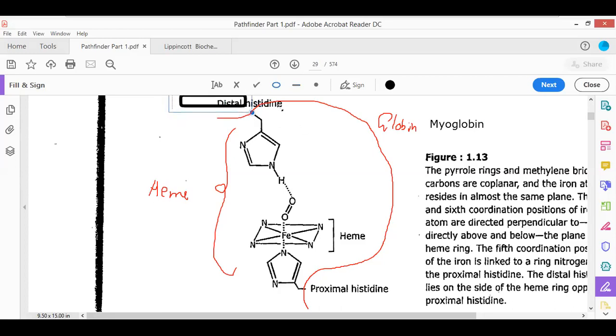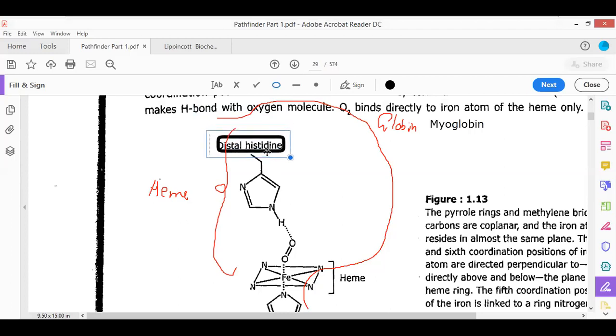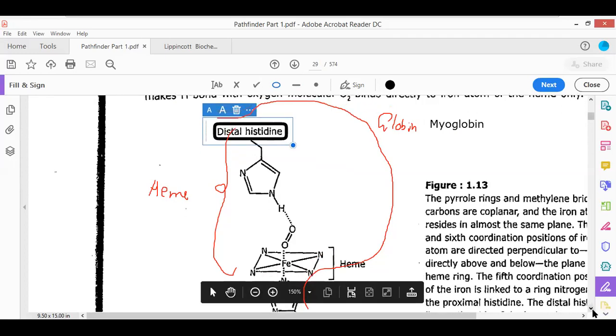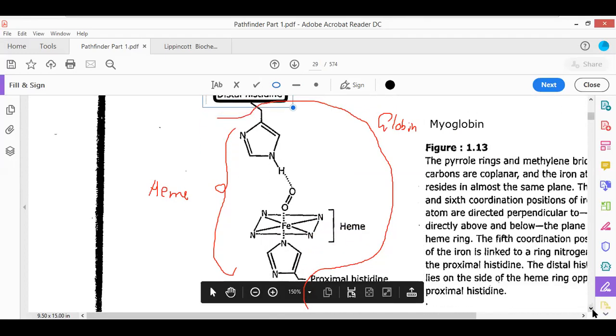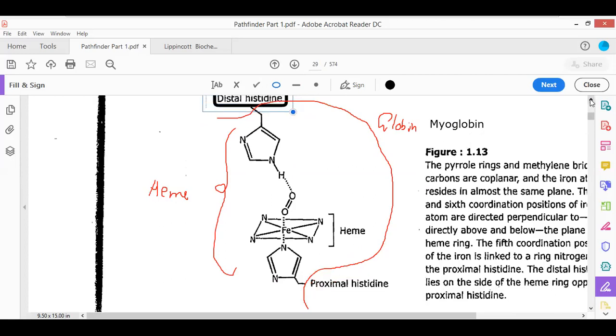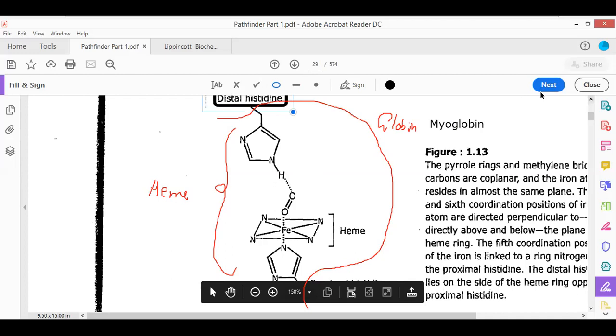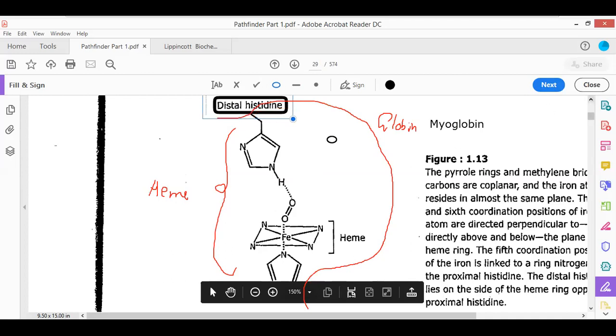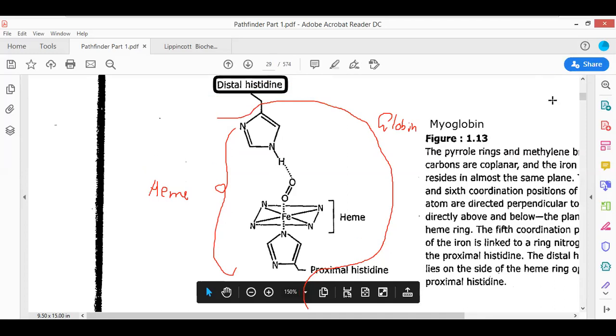There are two histidine molecules present. One is referred to as the distal histidine and another as the proximal histidine. You can see the proximal histidine below. Those are the two different types of histidine molecules.